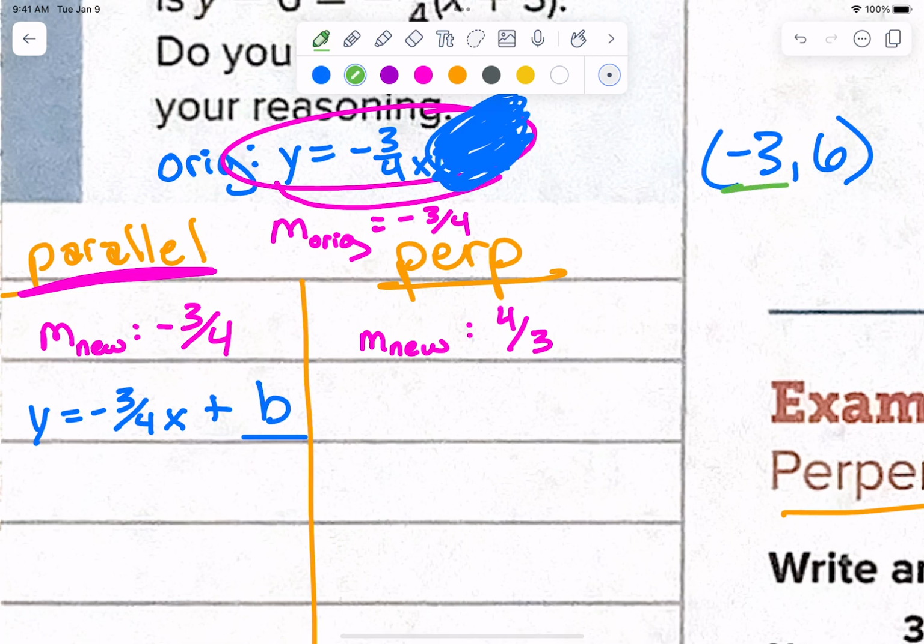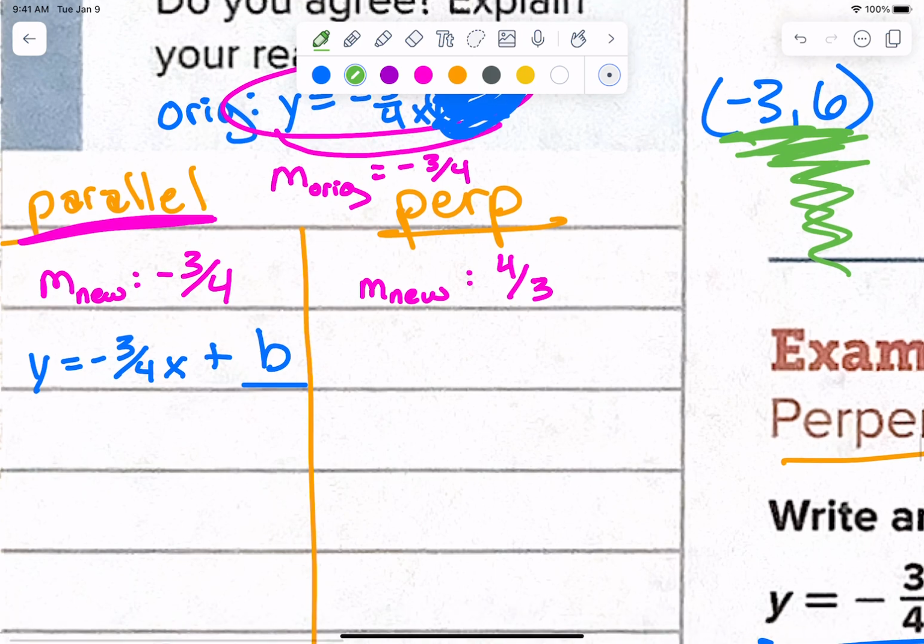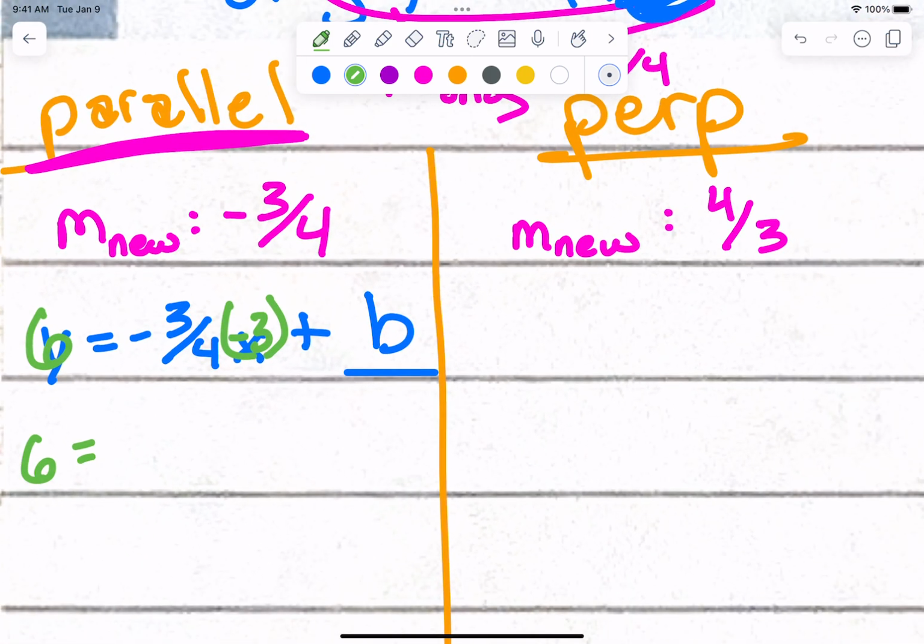Plug it in. We plug in negative 3, 6. Negative 3 is going to go in for x, so 6 goes here, negative 3 goes here. 6 equals, do you know what negative 3/4 times negative 3 is? It is like positive 2.25 plus b.